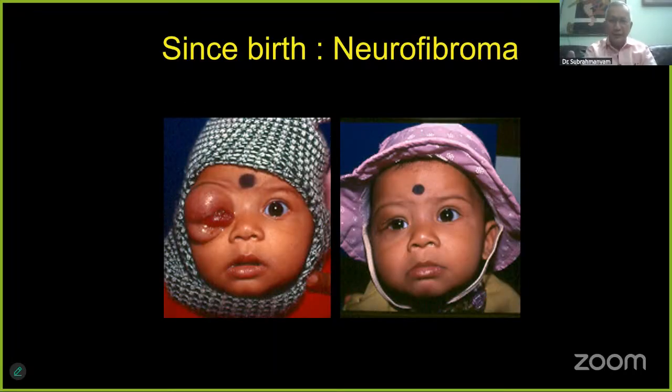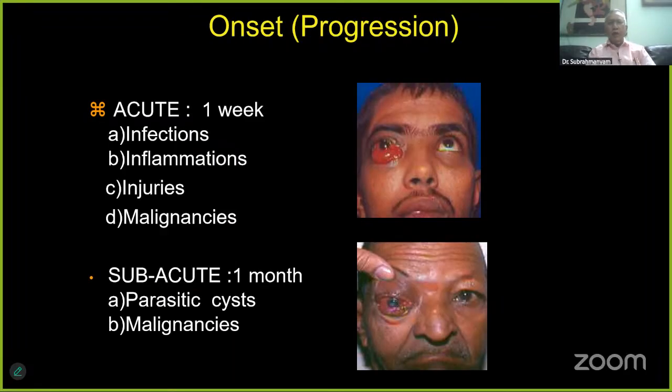If it is present since birth, there are only two conditions that are very commonly present. The most important, apart from the syndromes, is neurofibroma. This child, whom I operated on at the age of 5 months, turned out to be a case of neurofibroma, and you were able to see the pre-op and post-op pictures. Now coming to the onset, there's a progression.